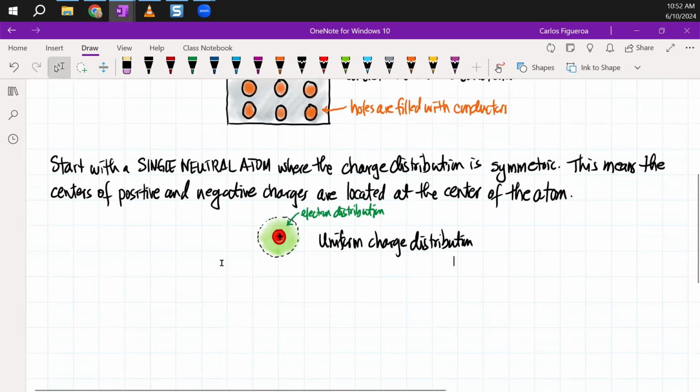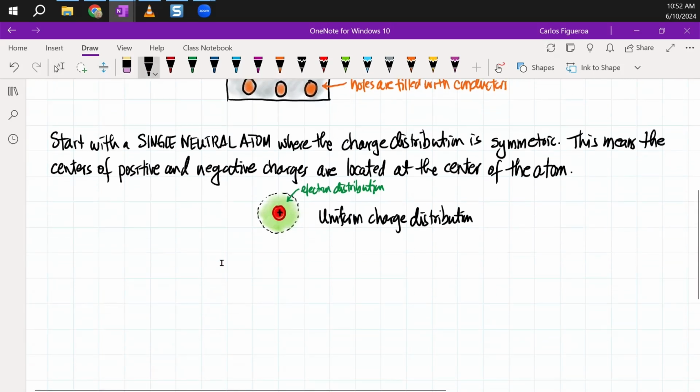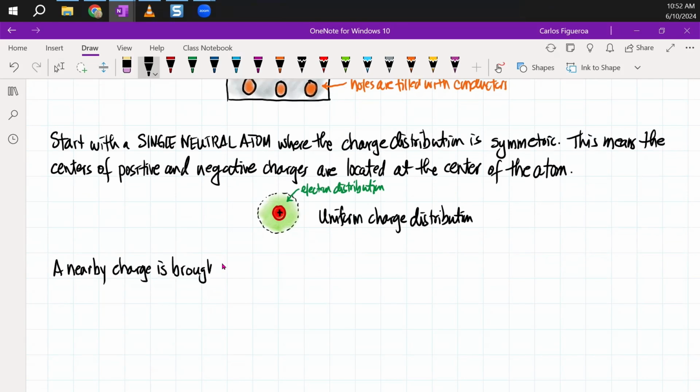Now, here's what happens next. A nearby charge is brought close to this neutral atom.